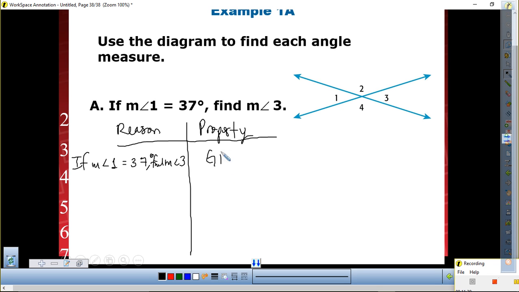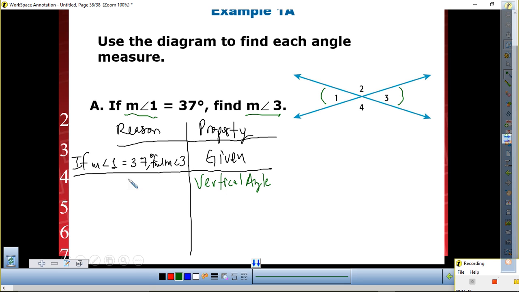That's why we write given. Question, which 2 angles are they talking about? 1 and 3. Tell your neighbor what you know about angles 1 and 3. They're vertical angles. So the property that we know is that they are vertical angles.